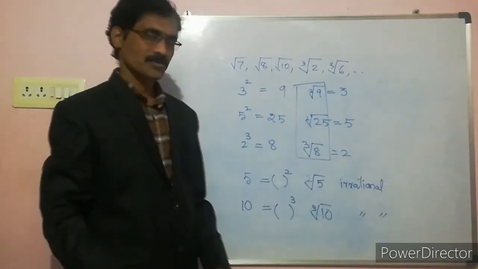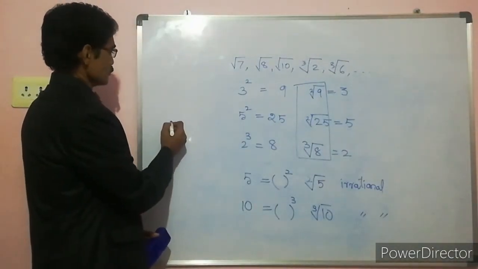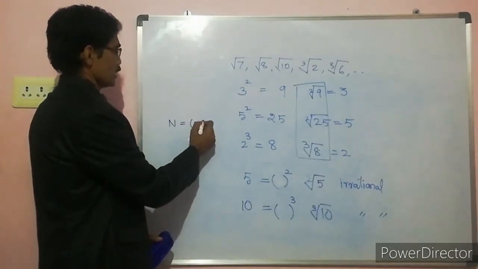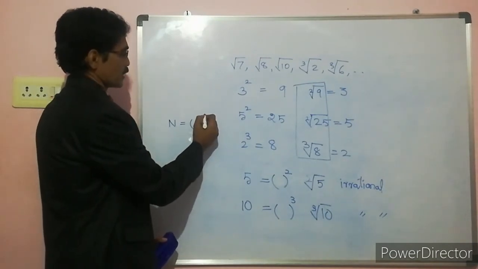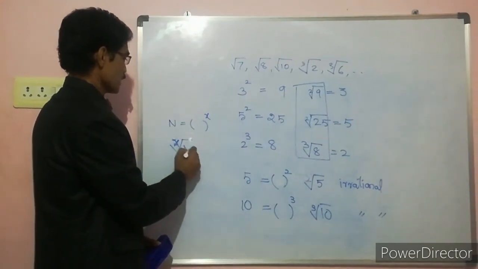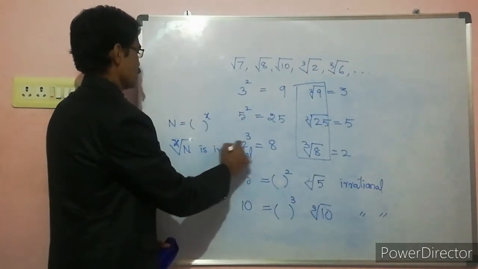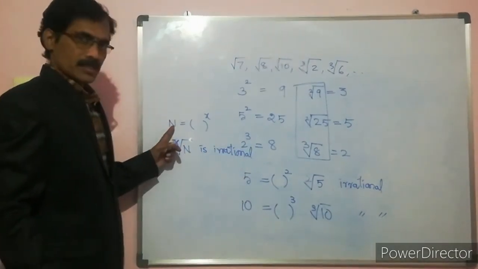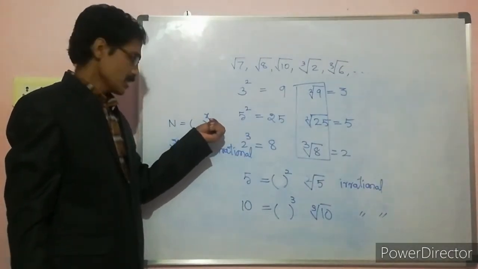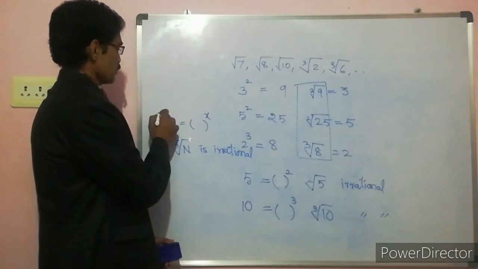So now you have got some idea about irrational numbers. For example, n is a number. If you cannot write n as any other number power x, then x root of n is irrational. This is the definition of irrational number.